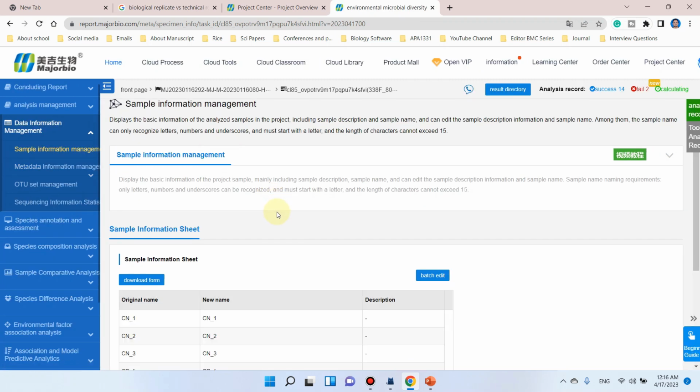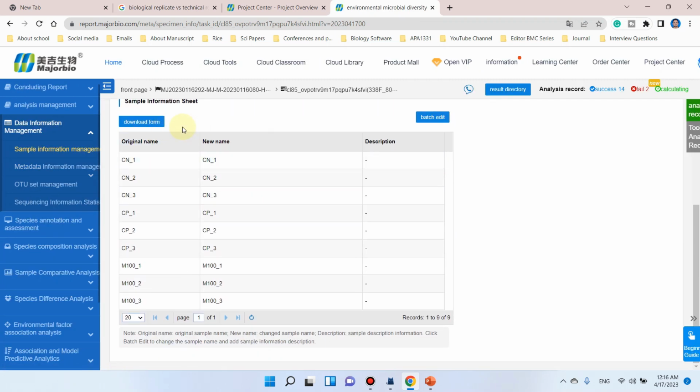When you click on this, you can see the information of the sample sheet is present. Here we have 3 technical replicates of control negative, and similarly 3 technical replicates for control positive, and 3 technical replicates for management.